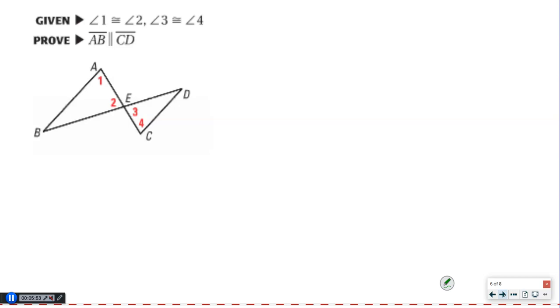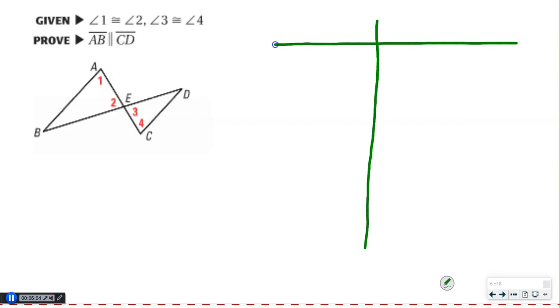Oh, and then we've got a proof. Okay, so let's get back into proof mode. Make our 2 columns, our statements and our reasons.